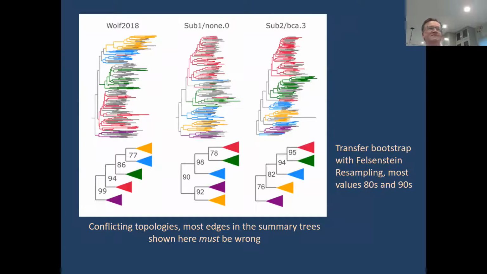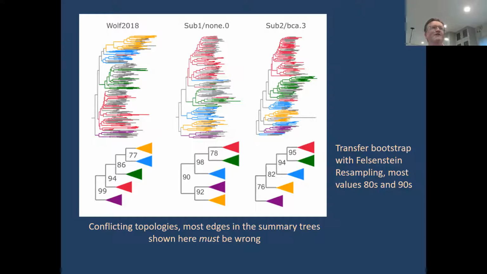To make that easier to see, I've got these stylized trees which just boil down to the topologies. On the left is the tree from that study with the transfer bootstrap values that they got. On the right are a couple of examples of the trees that I got with my transfer bootstrap values using Felsenstein resampling.